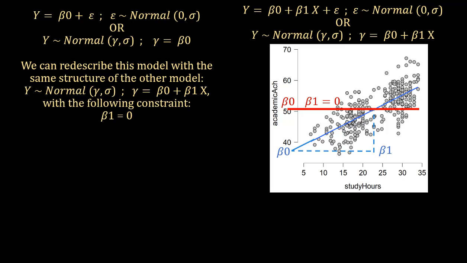And we can see visually that the distance between the dots and the red line will be larger than the distance between the dots and the blue line. But we have to do that mathematically in order to compare which of these two models is the best.